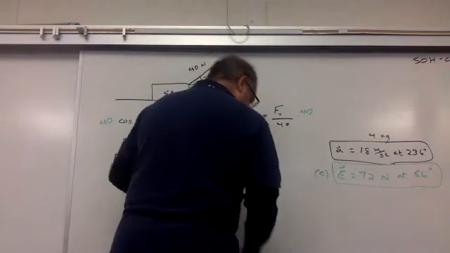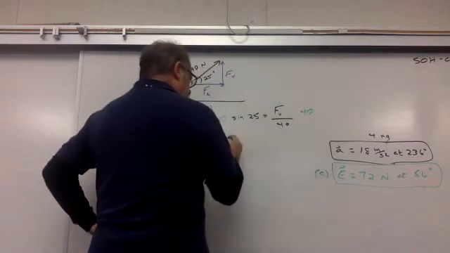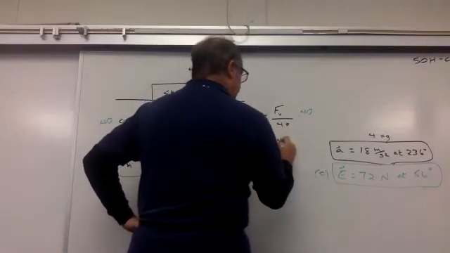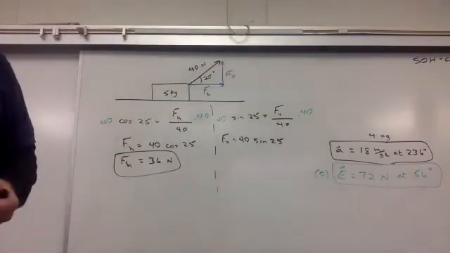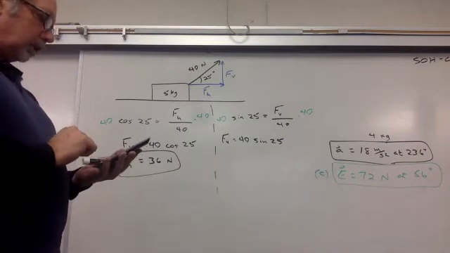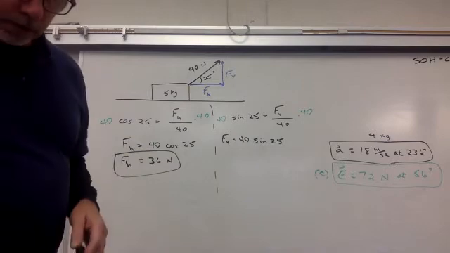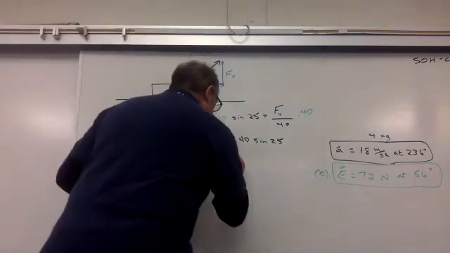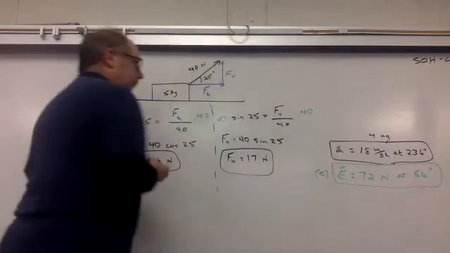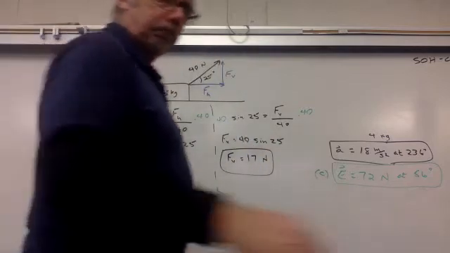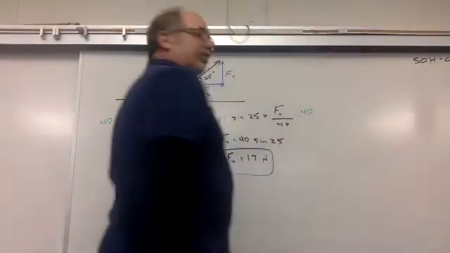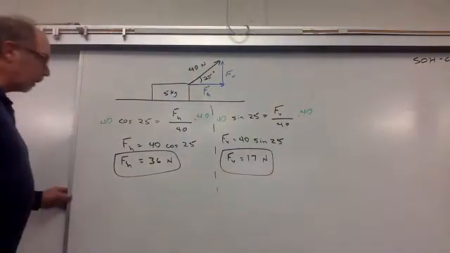Force vertical is equal to 40 times the sine of 25, which my calculator says is 16.9. I called it 17. Okay, 17 newtons. Stop me at any time for a question.